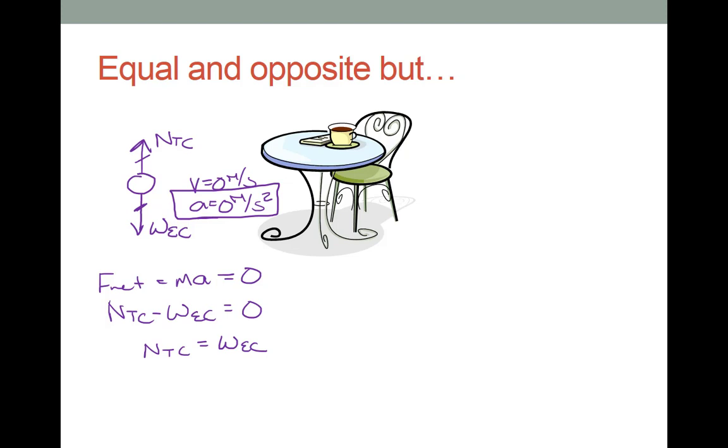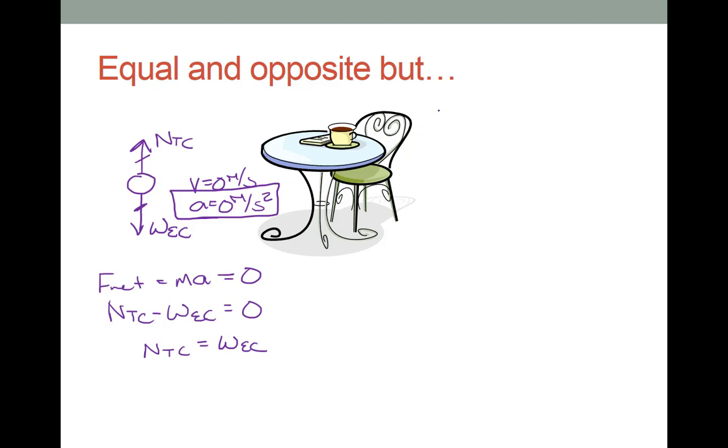But as we saw last week with the elevator example, when the elevator was accelerating, the normal force in that example did not equal the object's weight. And the same would be true here. Okay, so these are not a third law force pair.